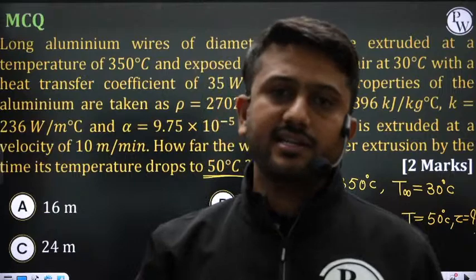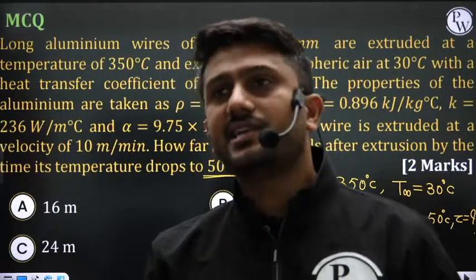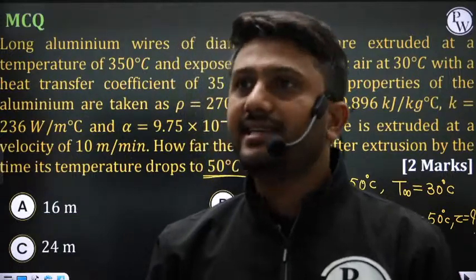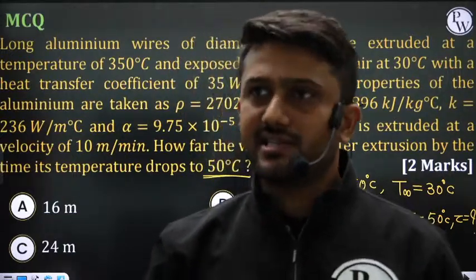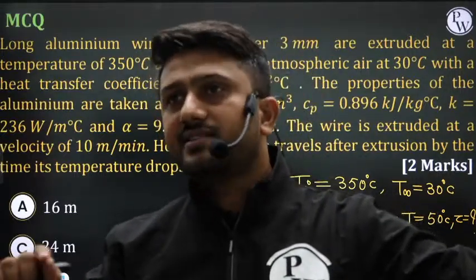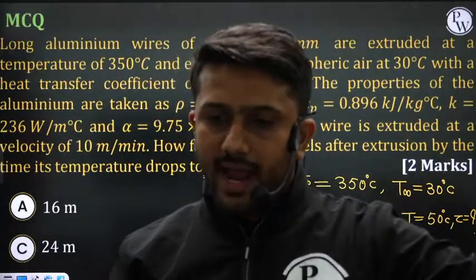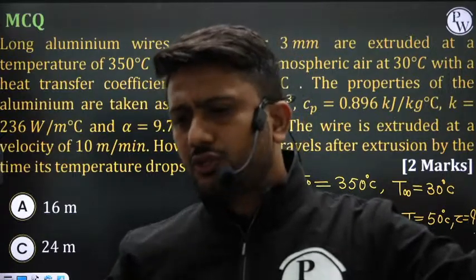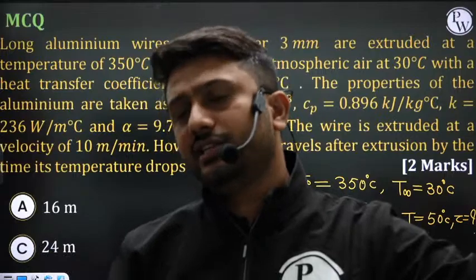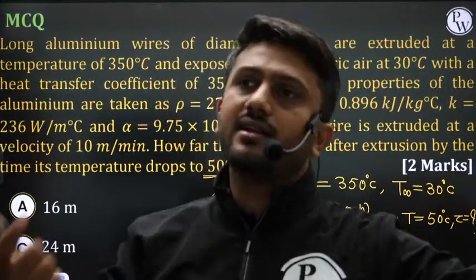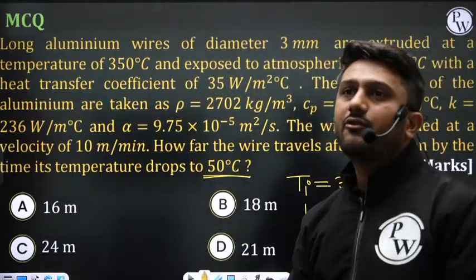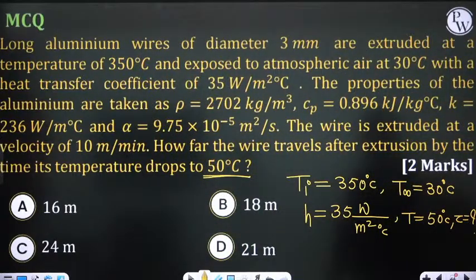And which method is used to solve the unsteady state problem is decided by the ICR and the ECR, the internal conduction resistance of the solid to the external convection resistance between the solid surface and the fluid. So basically the Biot number is the ratio of these two resistances, internal conduction resistance to external convection resistance. Okay, so first calculate the Biot number.